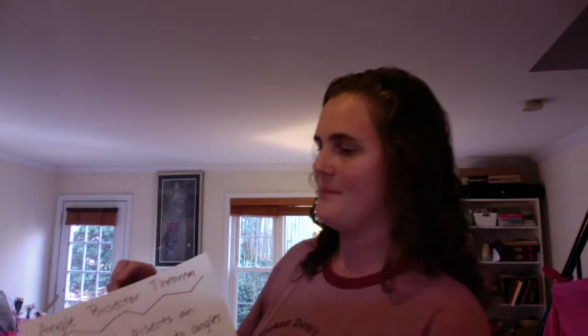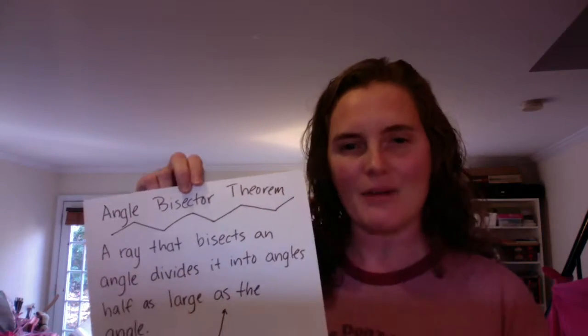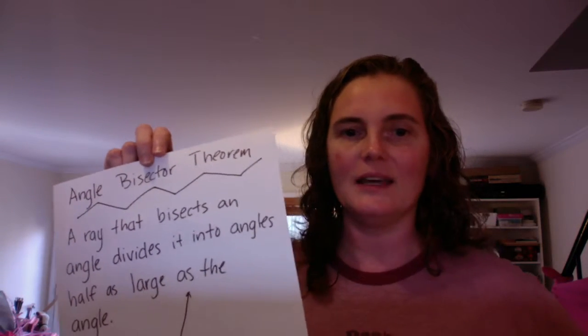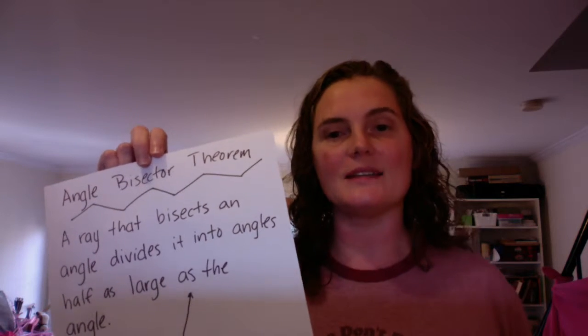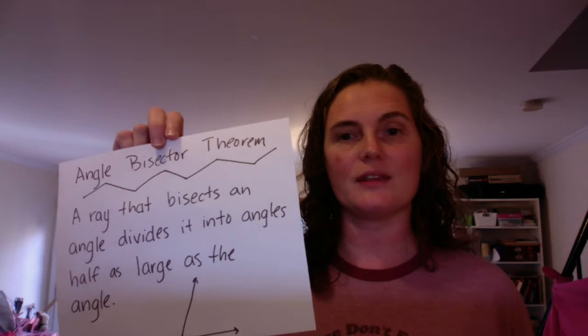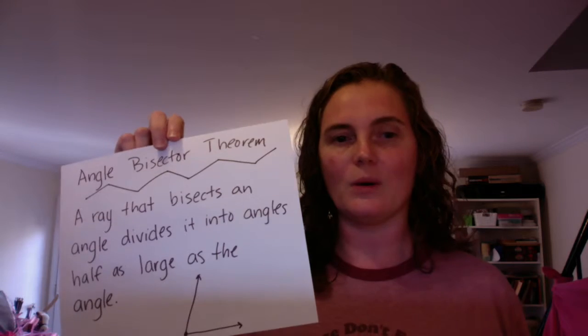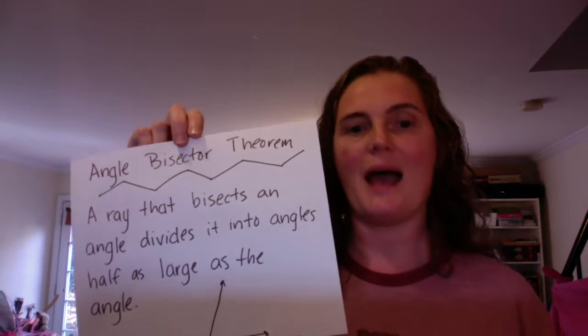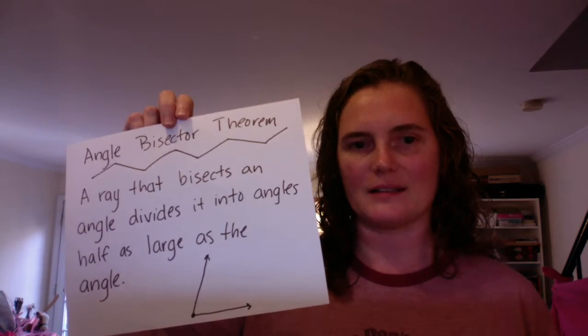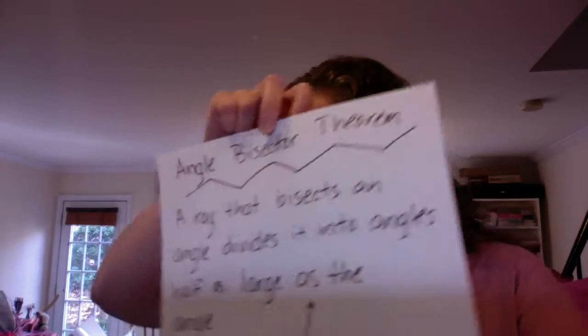Now you can imagine this is going to lead to a theorem, the angle bisector theorem. What that says is that a ray that bisects an angle divides it into angles not only that are equal, but for this theorem, half as large as the angle itself.